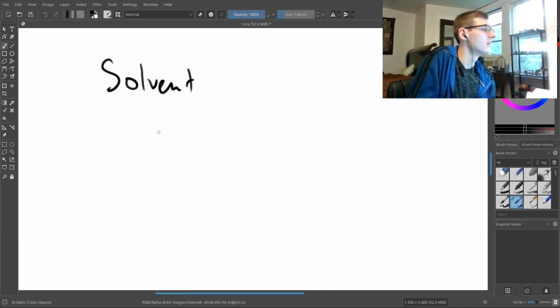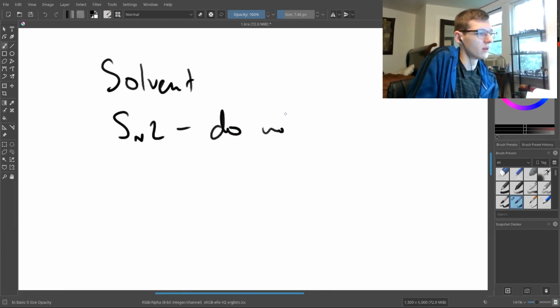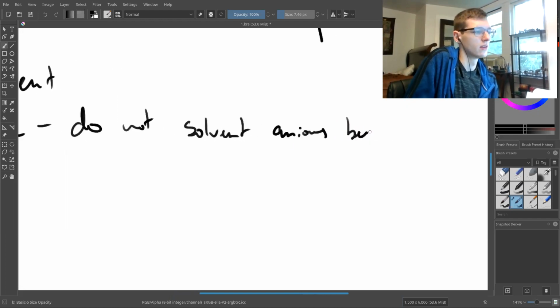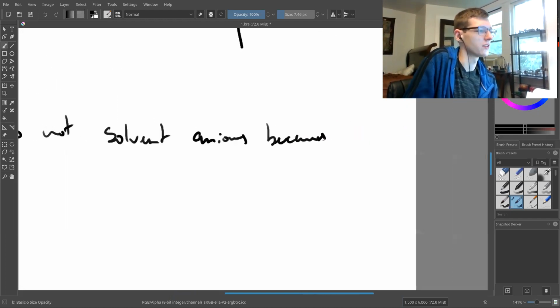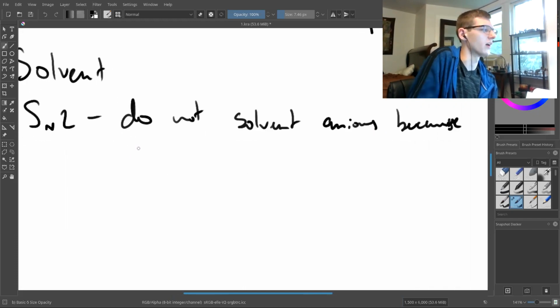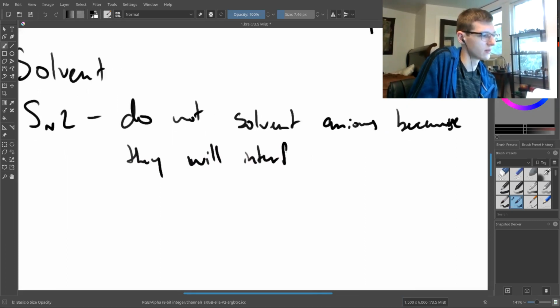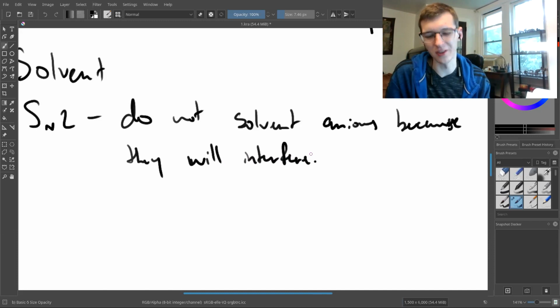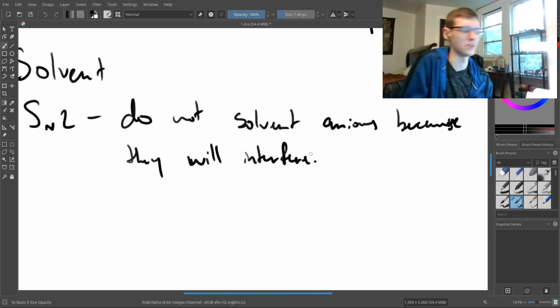But for SN2, you don't want solvent anions because they will interfere. Okay, that's just bad. That's the easy way to remember it. There's some other stuff about solvation and junk like that, but this is the easy way to remember it.